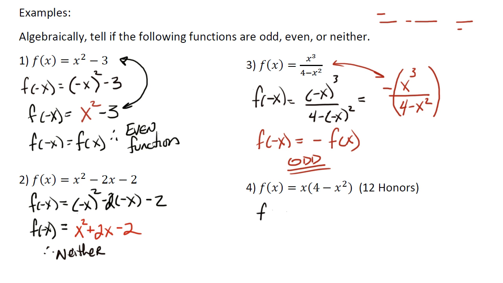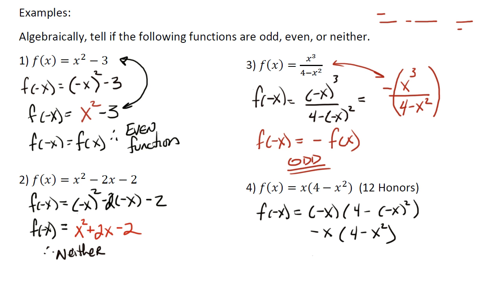So hopefully you plugged in -x. Wherever I put an x, I'm going to put parentheses around it, and that'll help me. So this gives me -x, and this is going to give me 4 minus x squared. And when you're looking at this, what's special about this?